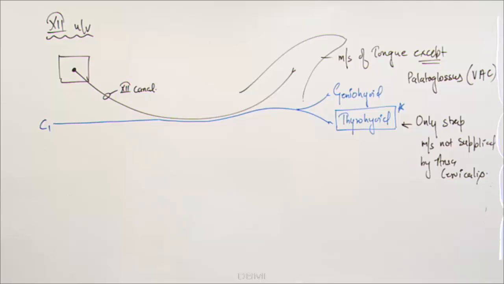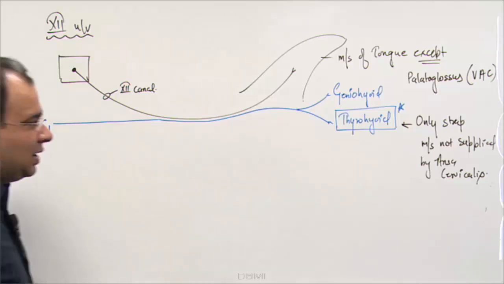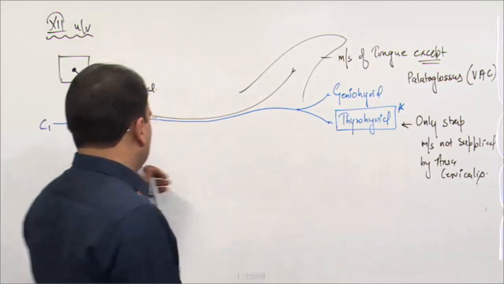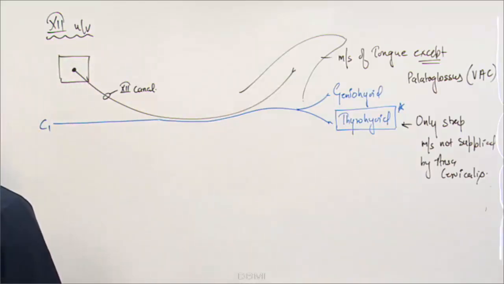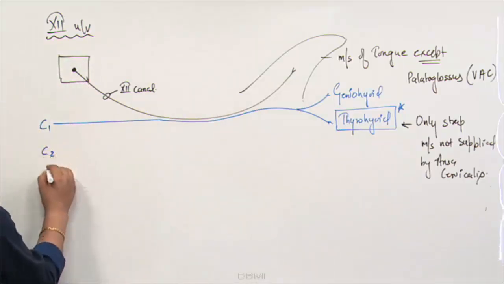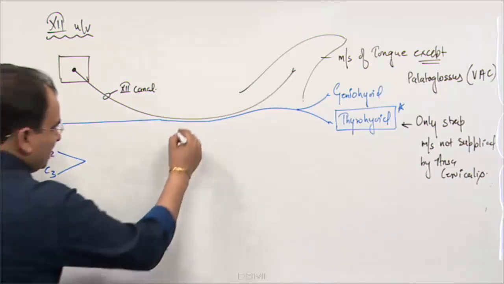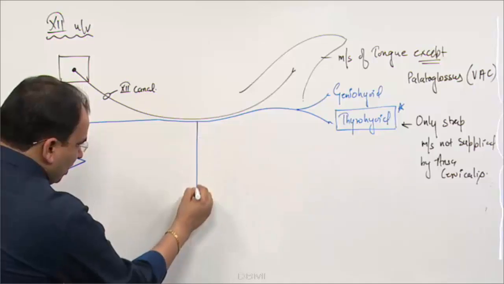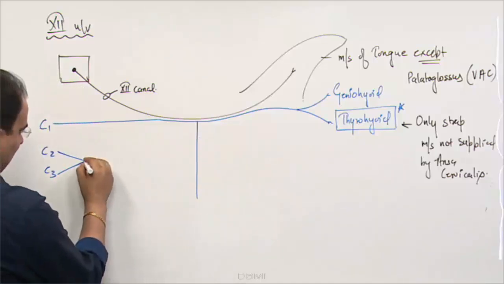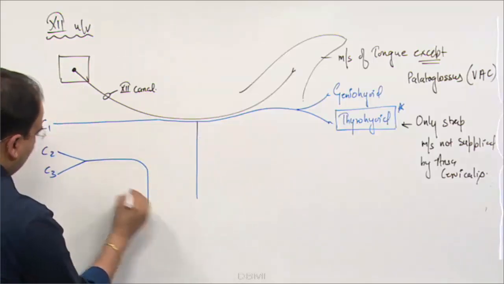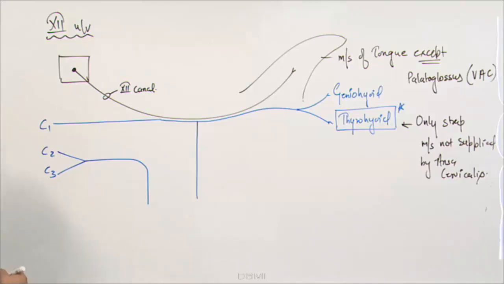And what exactly is ansa cervicalis? Talking about the ansa cervicalis. What is ansa cervicalis, guys? See, if these are C2 and C3 roots, the C2 and C3 roots will unite. Now there is a descending limb which will come from C1 from the region of hypoglossal nerve, and the descending limb from the C2 and C3.